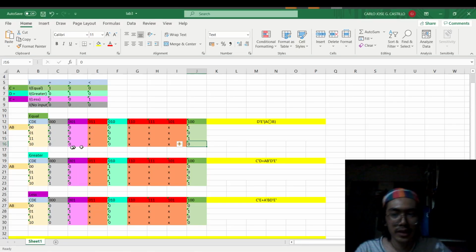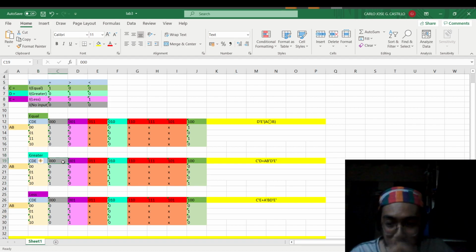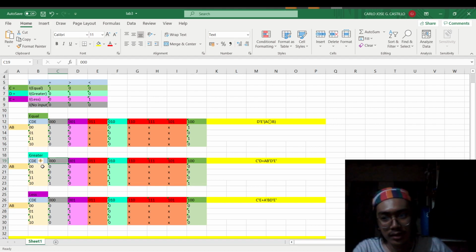And for the case of greater than, meaning A is greater than B, we look at the case where the input from the previous comparator is 0, 0, 0, meaning there is no input from the previous comparator. The only case that A is greater than B is when A is 1 and B is 0. So we put a 1 value right here, and the rest of this gray part is 0.